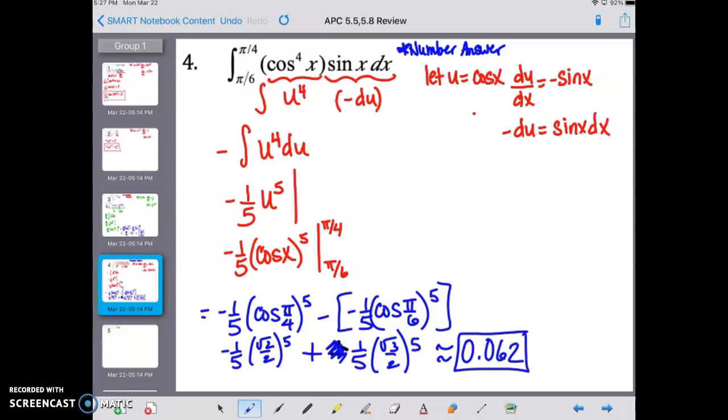Okay, but of course, you could do square root of 2 times itself 5 times, which is going to give you 4 square roots of 2, and then 2 to the 5th would be 32, so you could certainly simplify that. And then square root of 3 to the 5th power is going to be 9 square roots of 3 over 32, again times 1/5. You could simplify that and leave it as an exact answer, but I approximated with a decimal on this one.